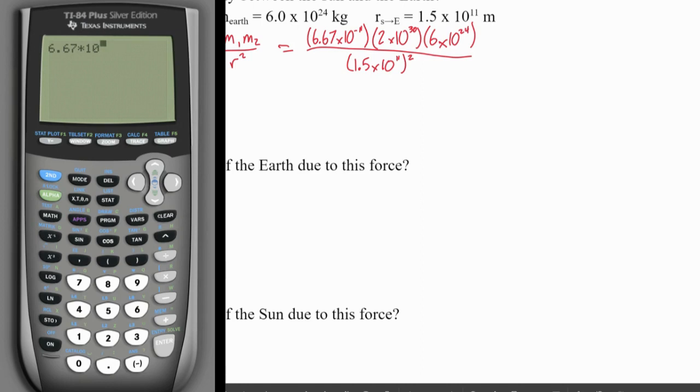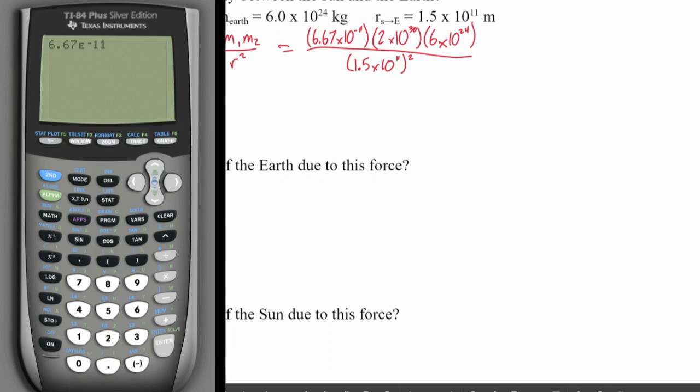For every single number. Instead, we can do 6.67, this capital EE right here, that's on the second function of the comma. Hopefully you remember this from previous classes, but second EE means times 10 to the. So this capital E means times 10 to the. So if I do 6.67 E, that means times 10 to the negative 11.